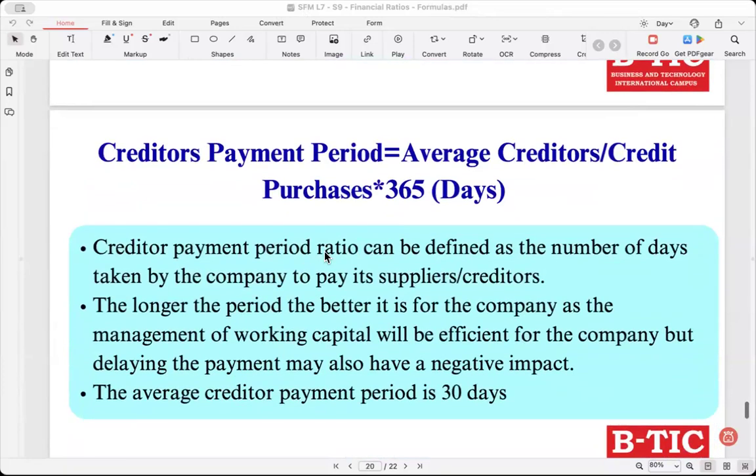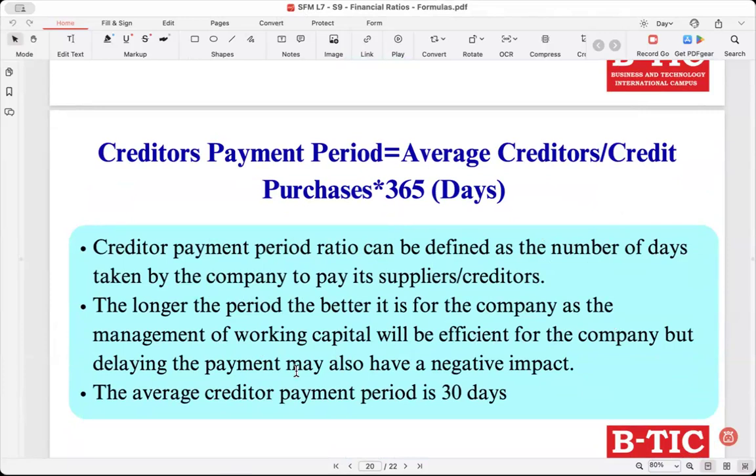Next, we have creditors payment period. This is equal to average creditors divided by credit purchases times 365 days. Creditors payment period ratio can be defined as the number of days taken by the company to pay its suppliers. The longer the period, the better it is for the company, as the management of working capital will be efficient.